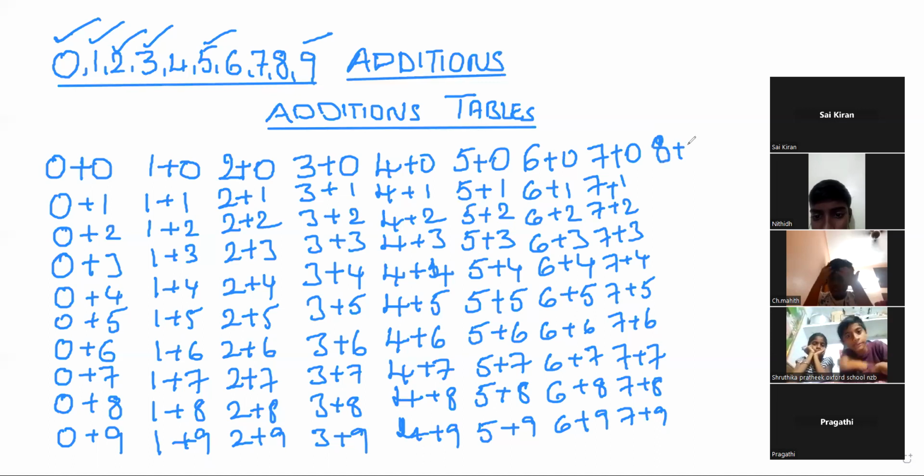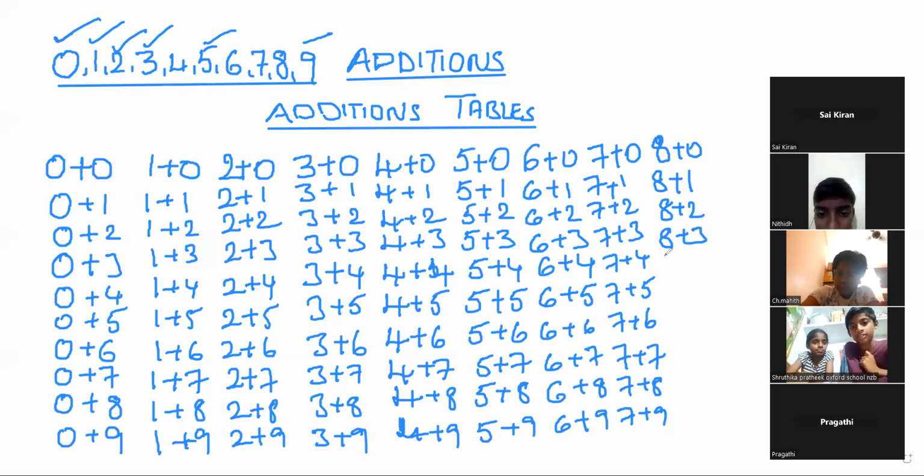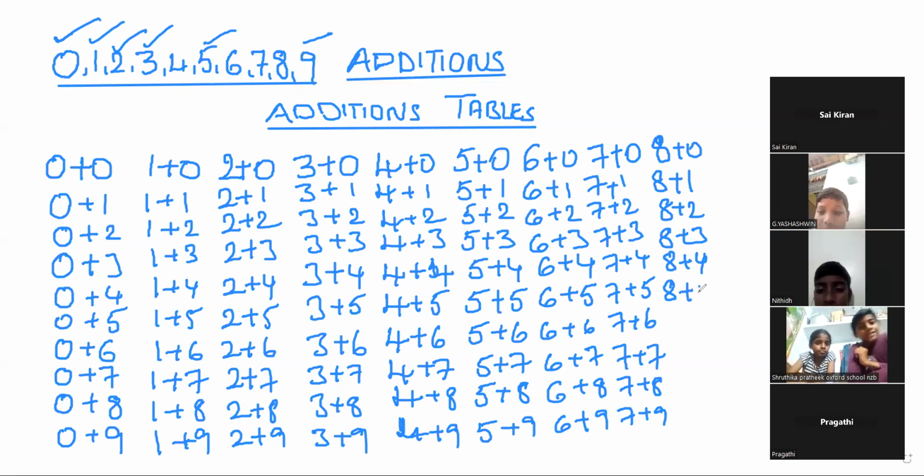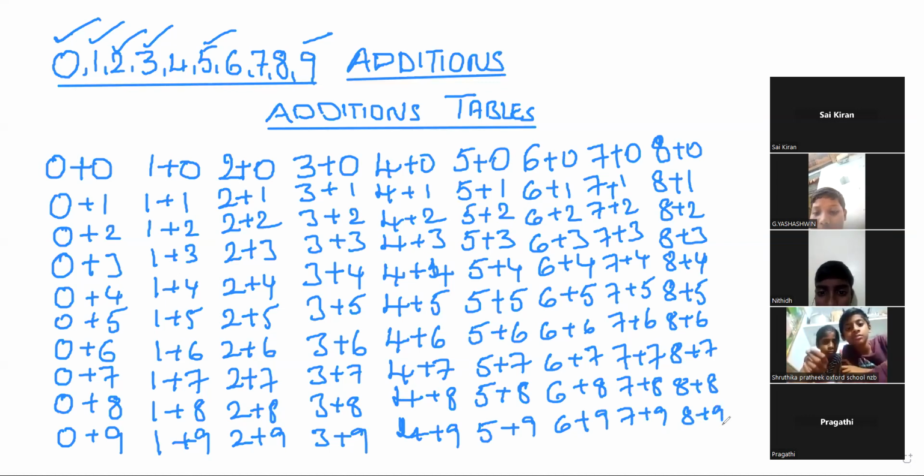Then 8 plus 0, 8 plus 1, 8 plus 2, 8 plus 3, 8 plus 4, 8 plus 5, 8 plus 6, 8 plus 7, 8 plus 8, 8 plus 9.